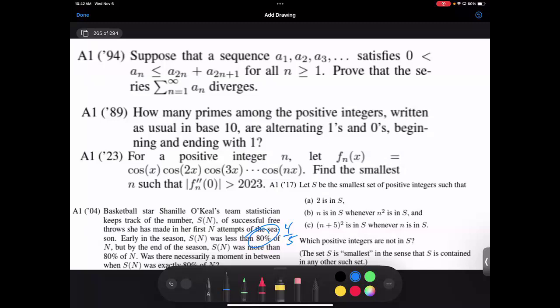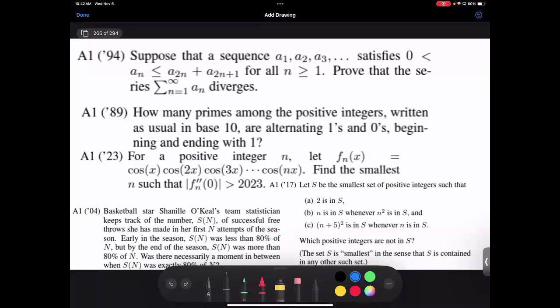If her shooting value is continuous and she starts off shooting below 80% and ends up shooting above 80%, does she have to go through 80%? Yeah, what theorem is this? IVT, intermediate value theorem. This is one of my favorite theorems. If you start below 50 and you end up above 50, you must have been 50 at some point. So that's a fun one to do, and we'll do that one probably next week.